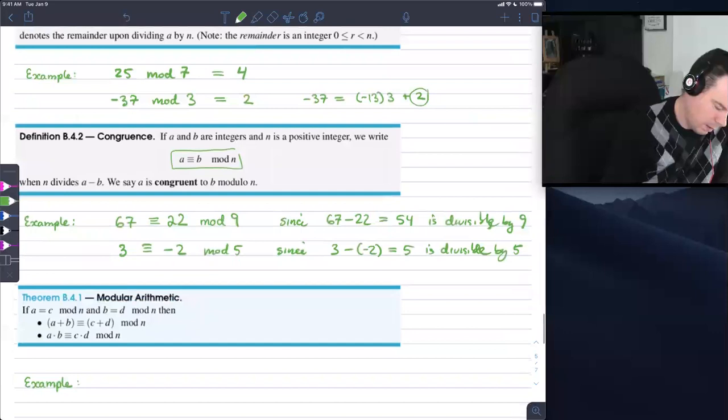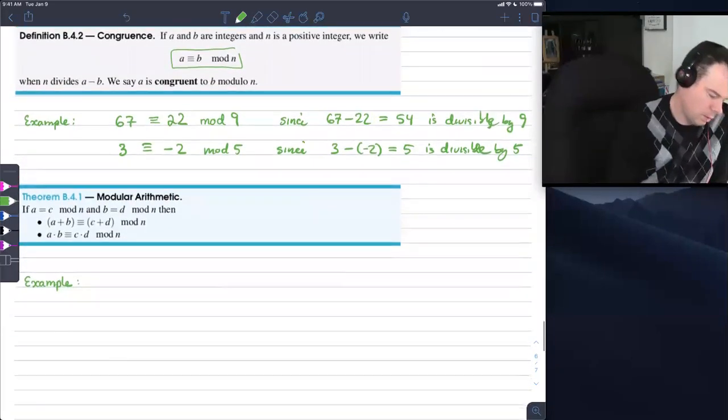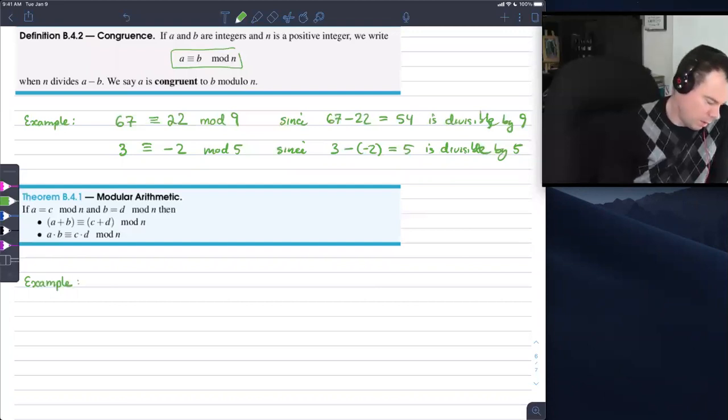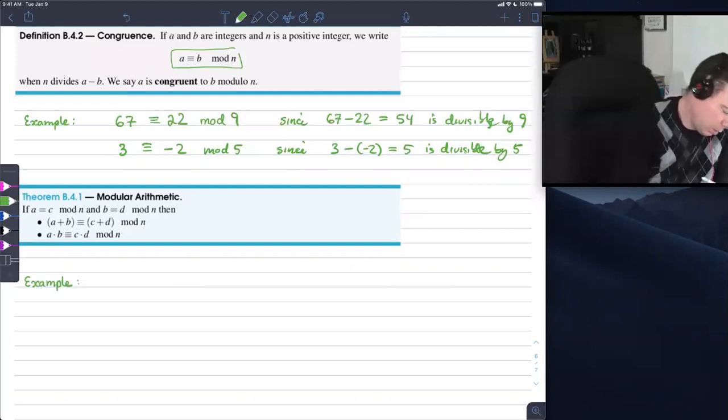Okay, so that's using our new notation of congruence. It turns out that this congruence equation behaves very nicely in terms of arithmetic. So for example, if I know that a is congruent, I should have had triple equal signs here.